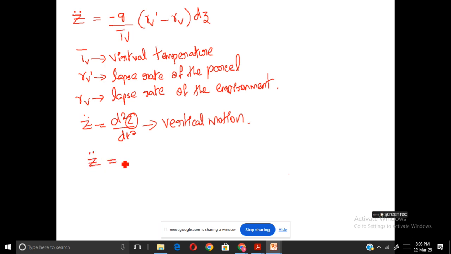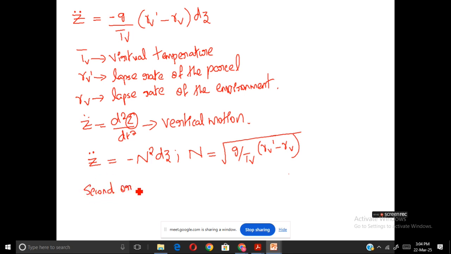From this we found that the equation is of the form d square z by dt square is equal to minus n square dz, where n is given by root of g by Tv into (gamma v dash minus gamma v).